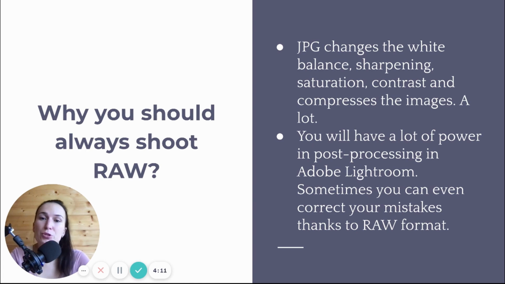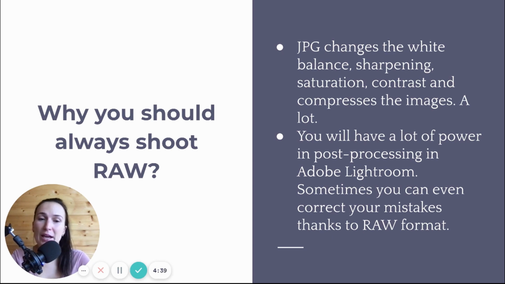And why you should always shoot RAW is, again, that JPG changes the white balance, sharpening, saturation, contrast, and compresses the image a lot. So you don't want this. You want to have your own control, even though you might not be constantly shooting RAW. And you will have a lot of power in post-processing in Lightroom.